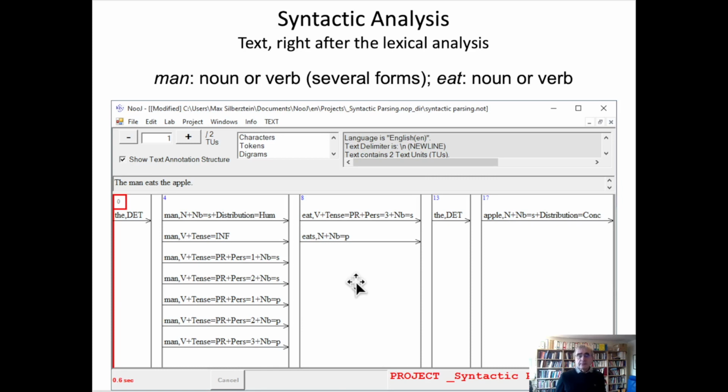"Eats" is also ambiguous. "Eats" could be a third person singular of the verb to eat, or "eats" like the plural noun, and then "apple".